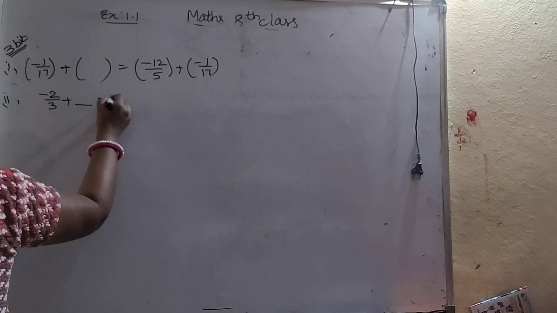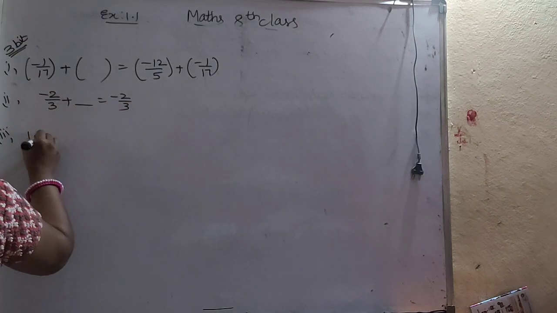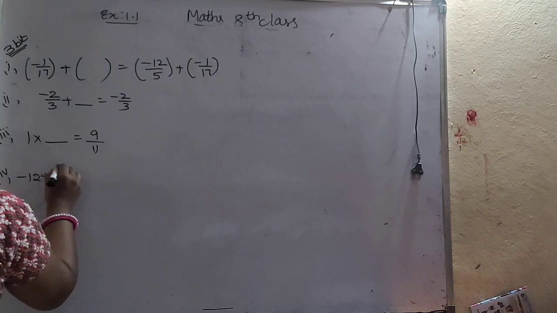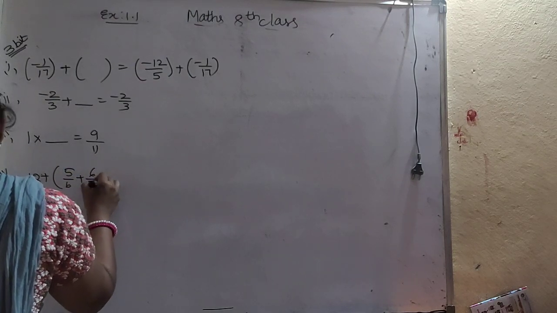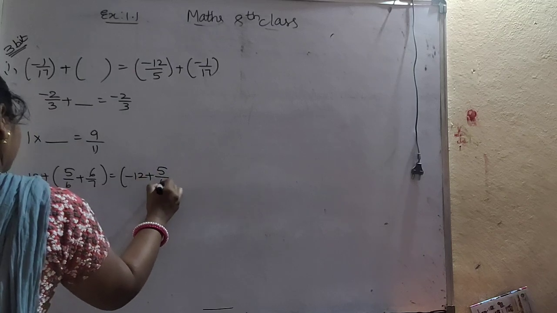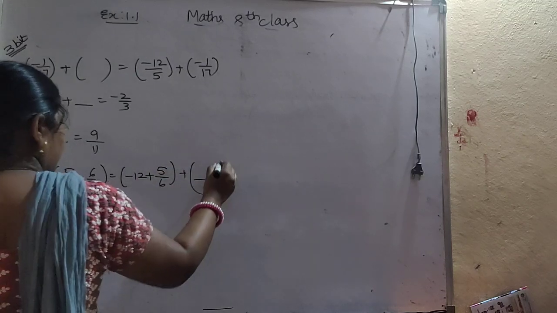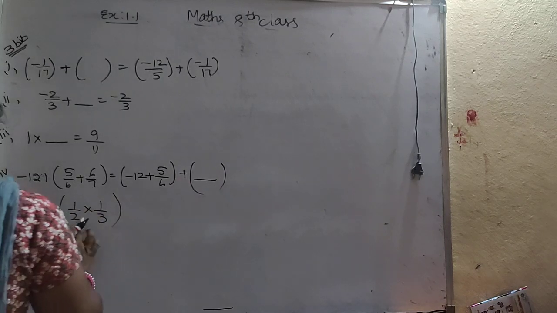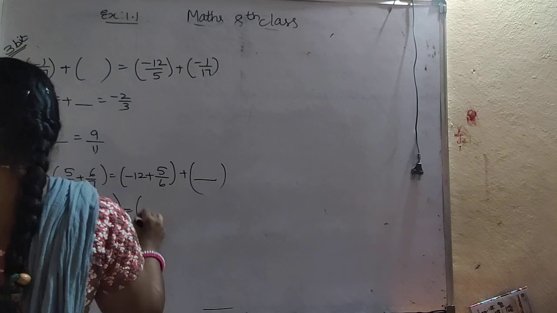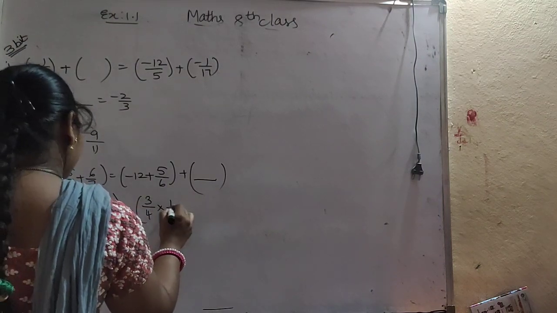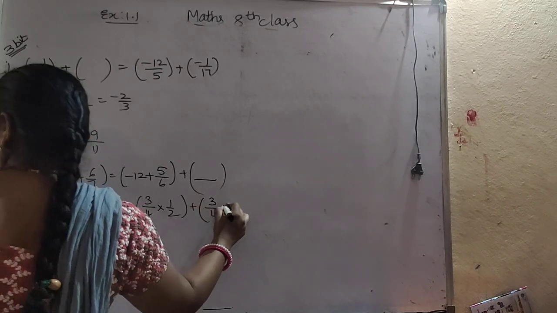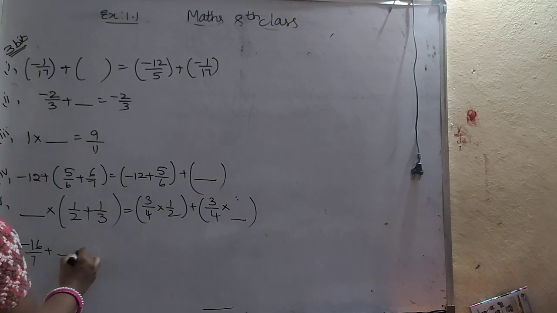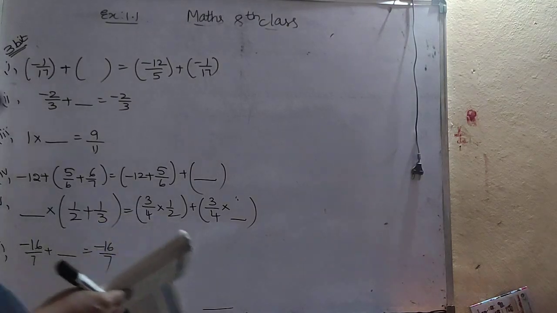Minus 2 by 3 plus dash will be equals to minus 2 by 3. So we have to fill all these blanks now.